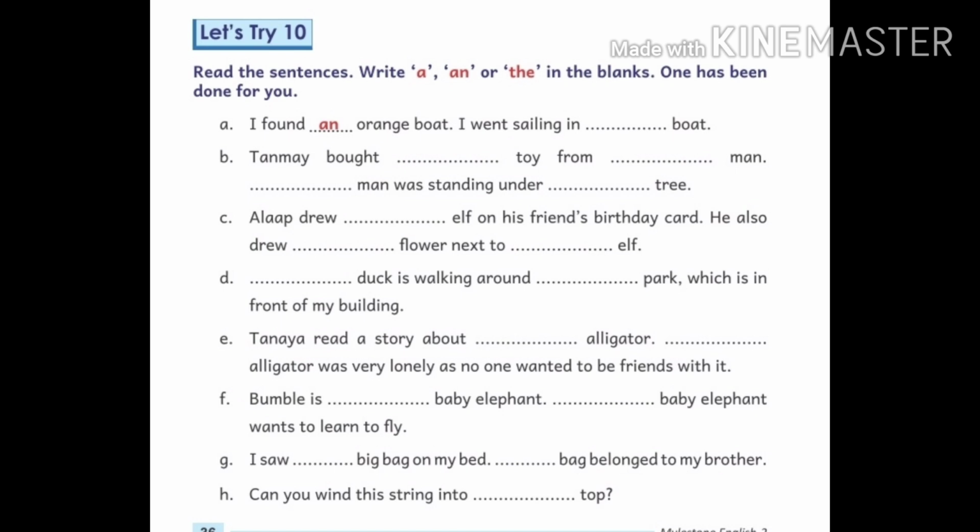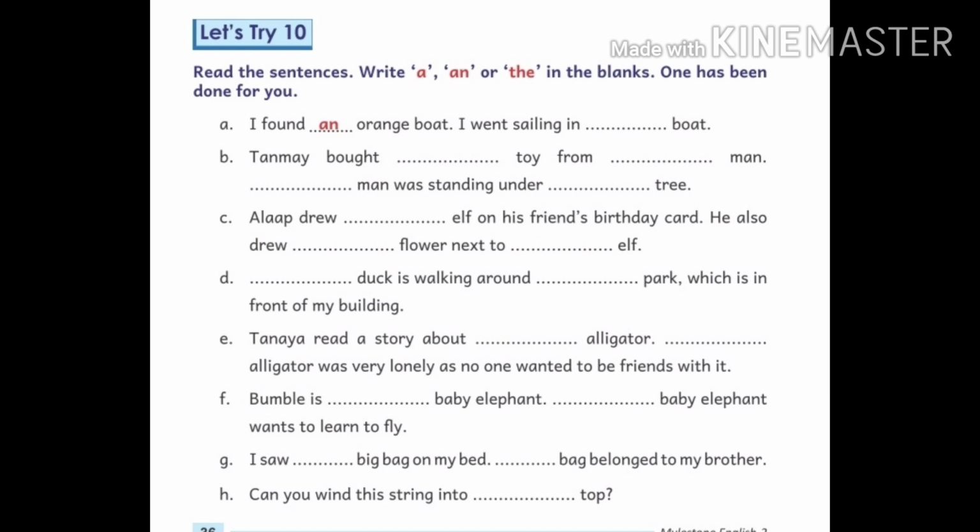Article a, an or the I have already explained in the previous video. Now I will revise how to use a, an or the. There are two different types of articles, definite and indefinite articles. A and an are indefinite articles. The is the definite article. Indefinite article a.